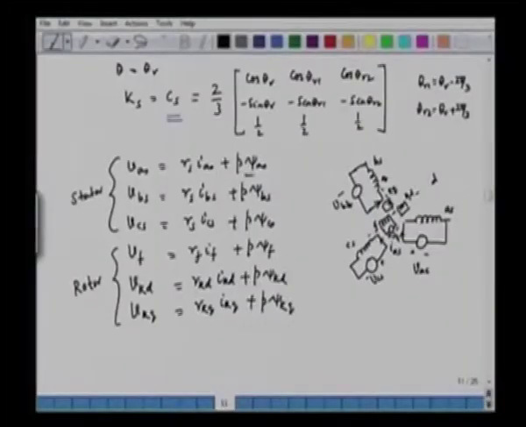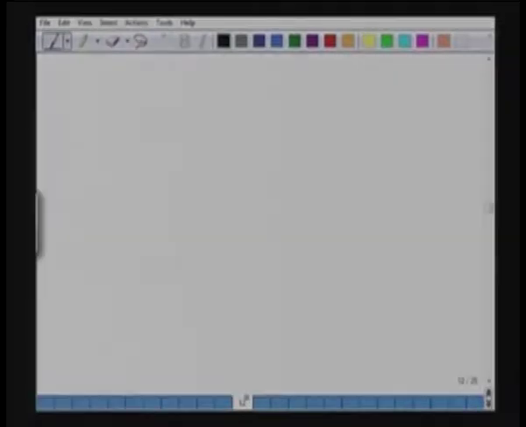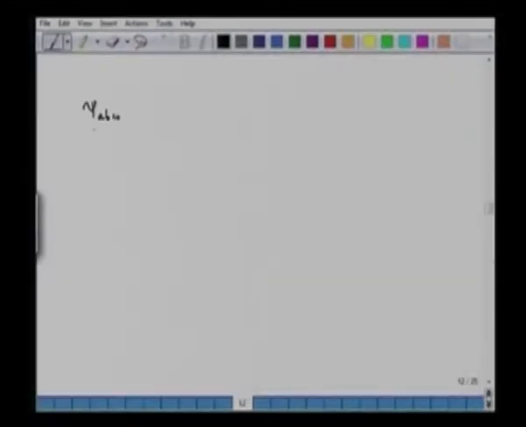Now, before we find out the currents, we have to know the various inductances, because these flux linkages are not directly available to us, they are available through the inductances. So, we can write down the flux linkage psi ABCS. It has 3 components: psi AS, psi BS and psi CS.